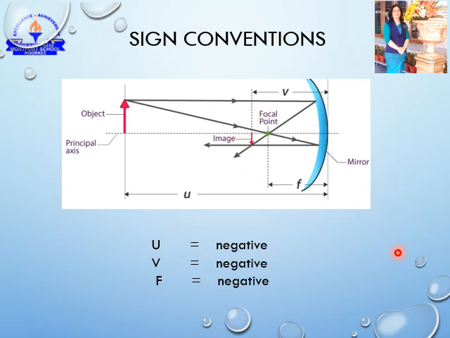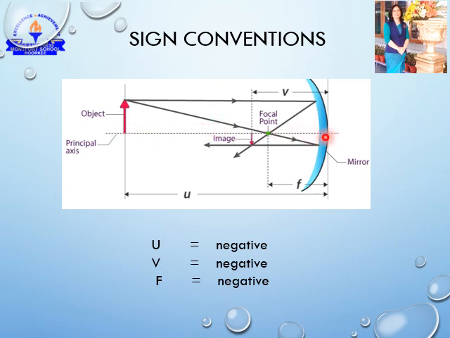We need to find out what will happen to u, v and f, how we are going to take their signs. So let us start with the first part, that is the object. When we start taking the distance of the object, according to the sign convention, it has to be taken from the pole. So start from the pole and move in this direction. All the distances should be measured from the pole.